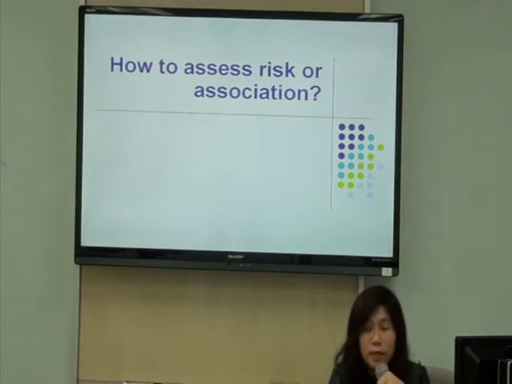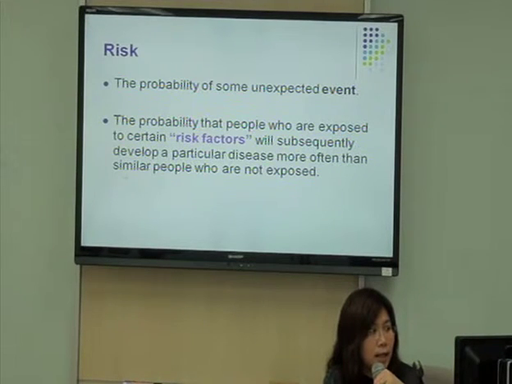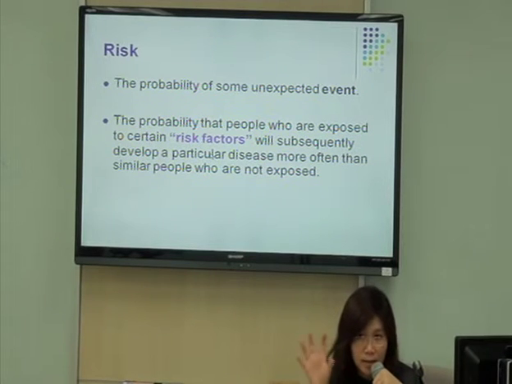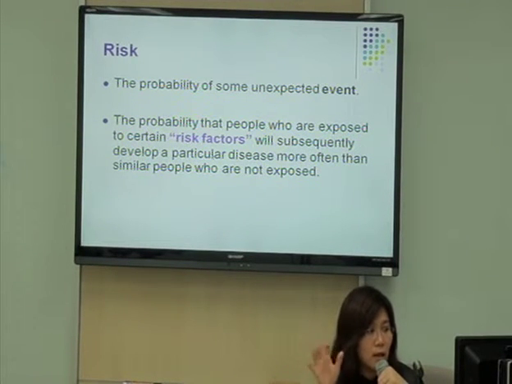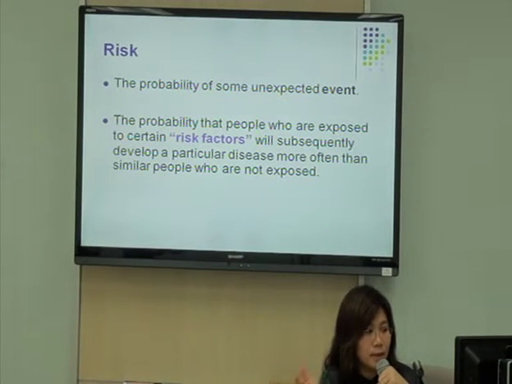And then we move to the second part, how to assess the risk or association. Risk is the probability of some unexpected or unwanted event: the probability that people who are exposed to certain risk factors or characteristics will subsequently develop the disease.